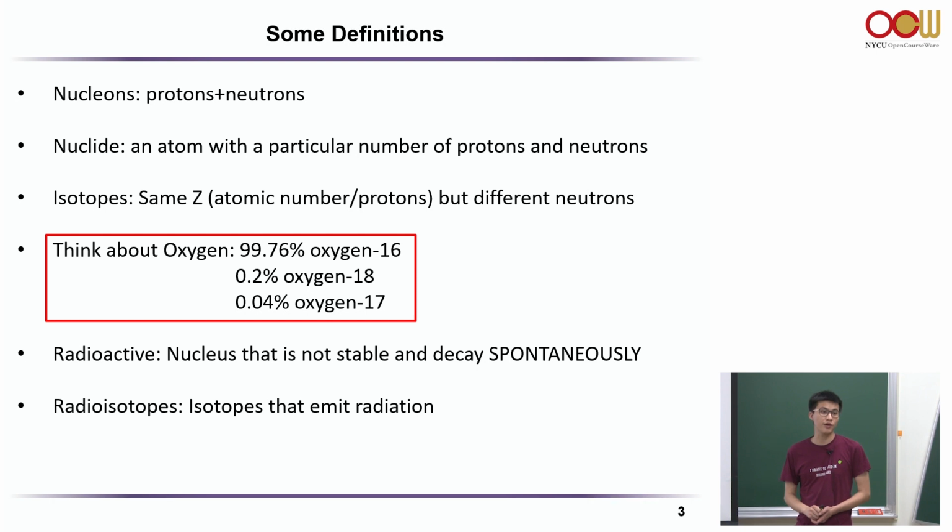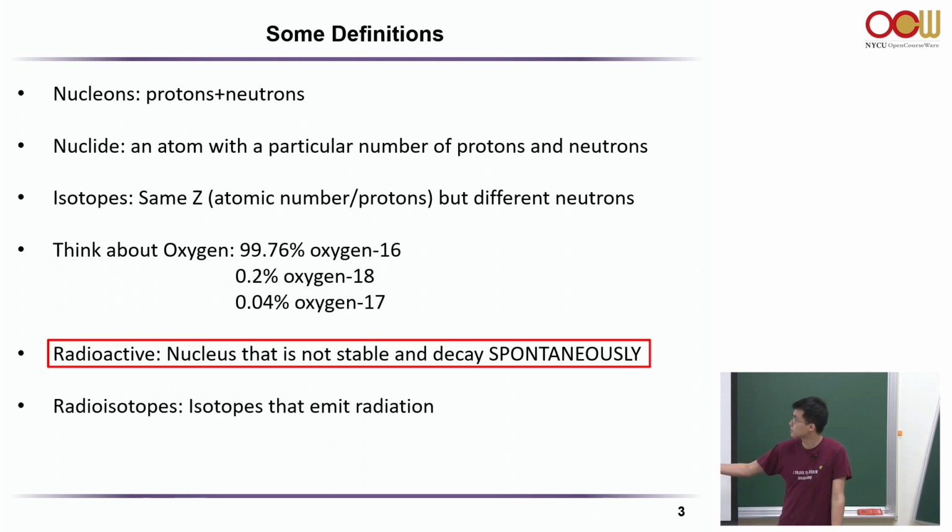The extent of radioactivity really depends on the stability of the nucleus. So you can think of it in terms of Gibbs free energy, how willing it is to give off energy to reach its minimum energy state. When we say radioactive, that describes nuclei which are not stable and will decay.